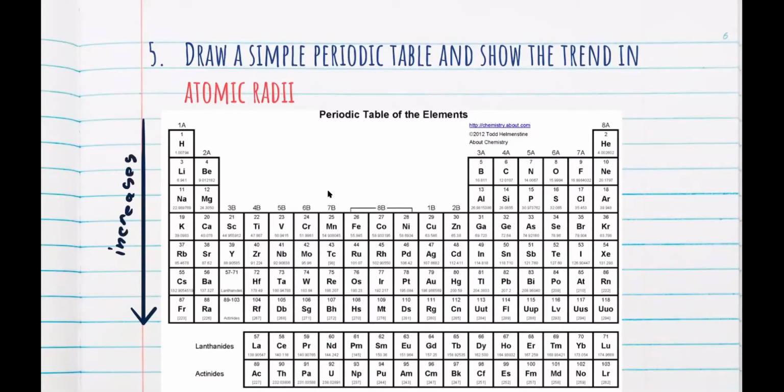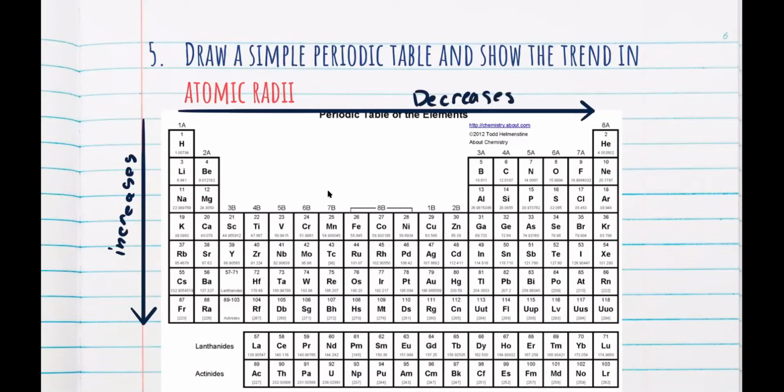It's so hard to write sideways. All right. And as we move across a period, our size decreases. Why does this happen?